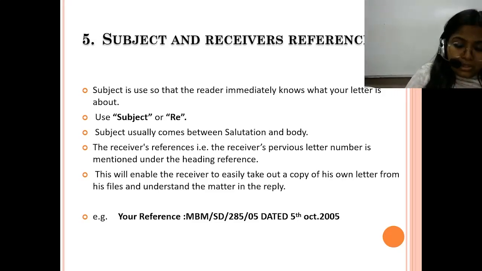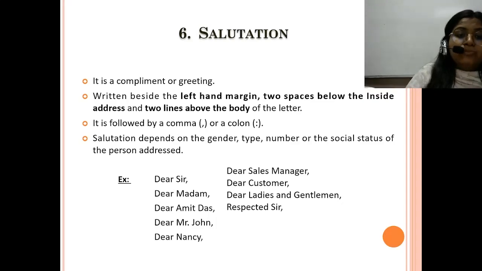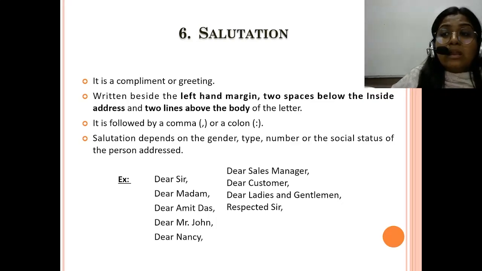Next comes the salutation part. Always write your salutation, meaning when you greet someone, like dear sir, dear ma'am, respected sir, respected ma'am, dear customer. These are written to give respect to the person to whom you are writing the letter, so try to greet them; it is a compliment.